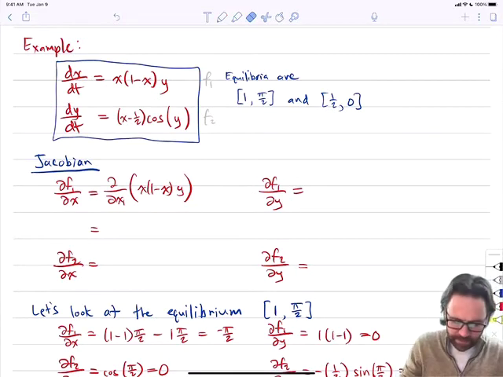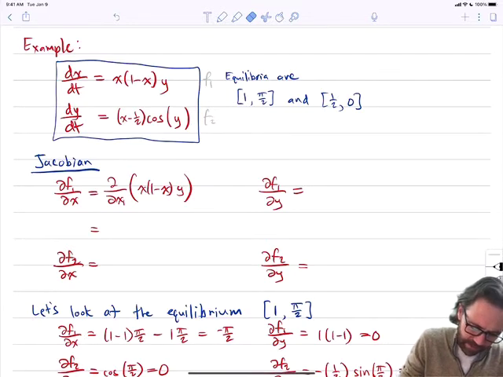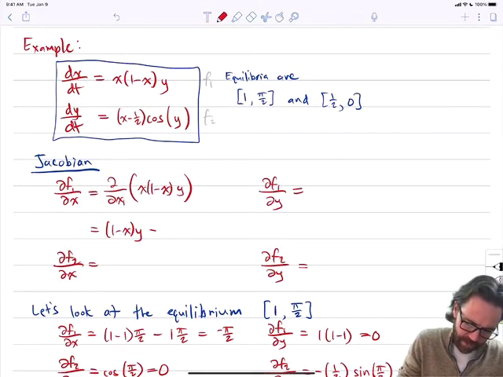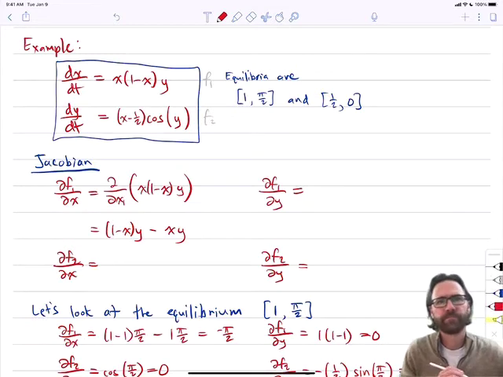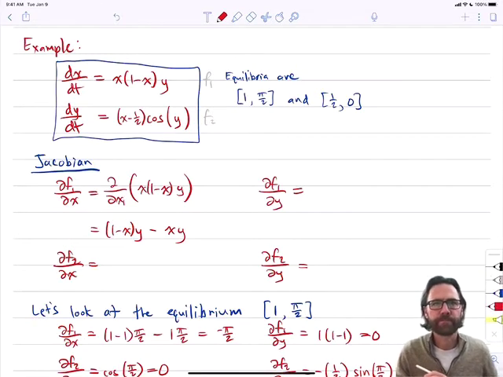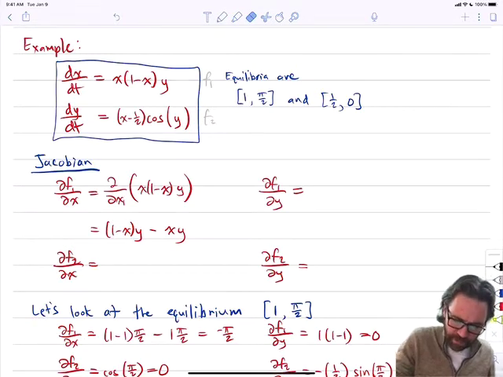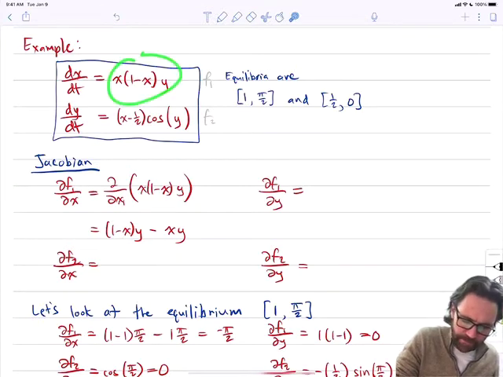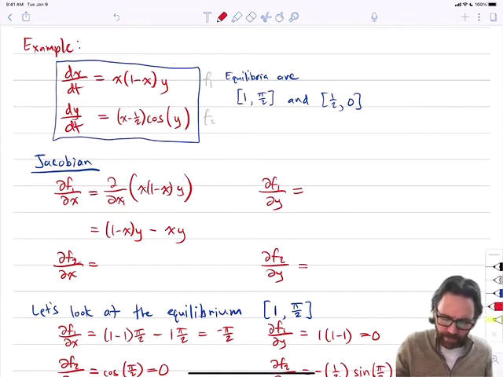So the derivative of that with respect to x is, well, I'm going to have to do some, what is it, product rule? Derivative of the x times the rest, so 1 minus x times y minus xy. And this other one, now the derivative of this same thing with respect to y.